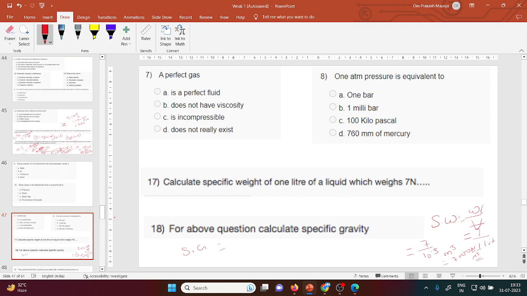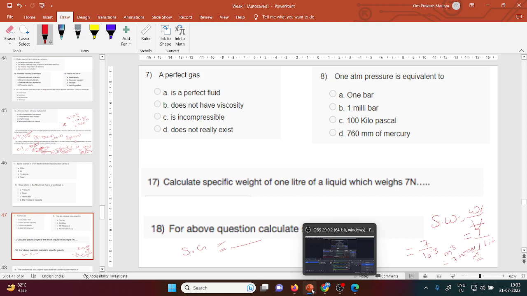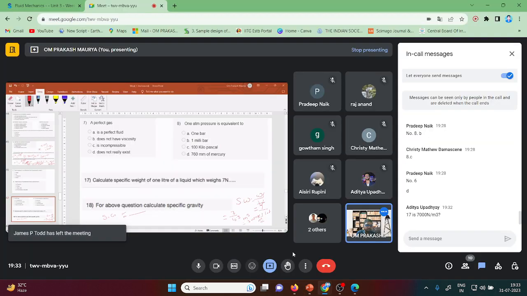Specific gravity, you know the formula of it. Someone write the answer, then I will explain. For question number 18, please write the answer in the chat box. Specific gravity.